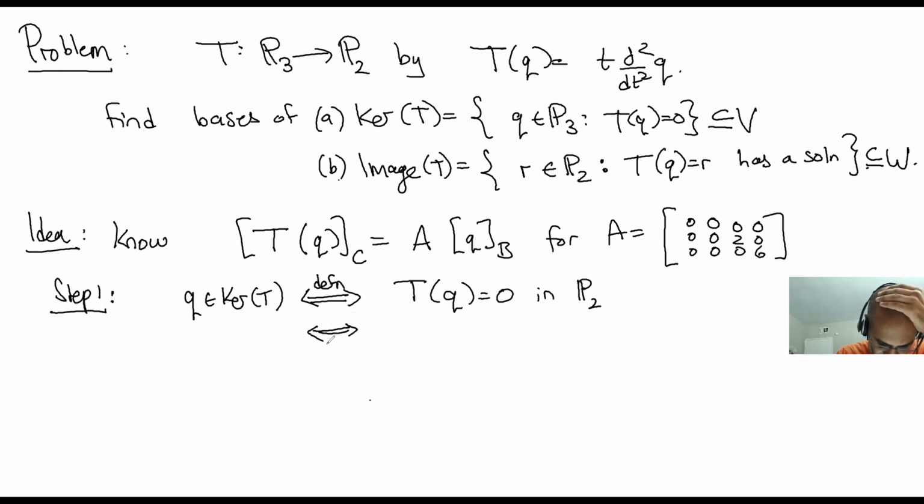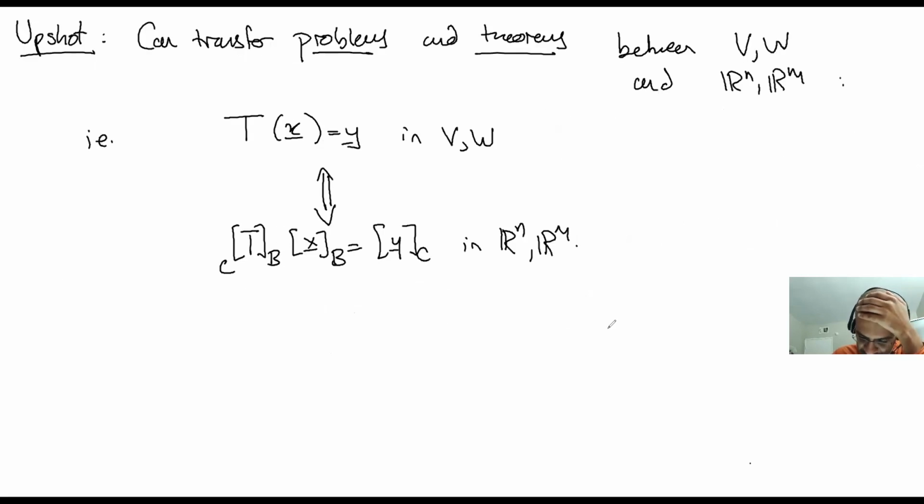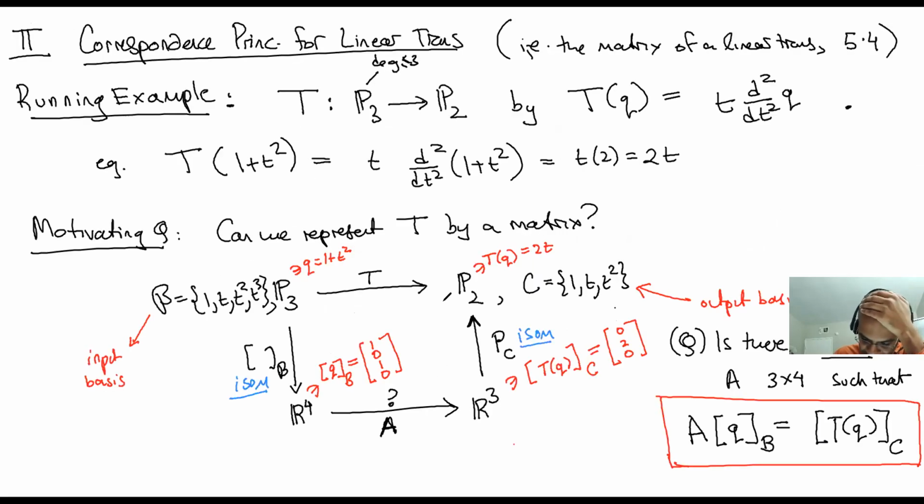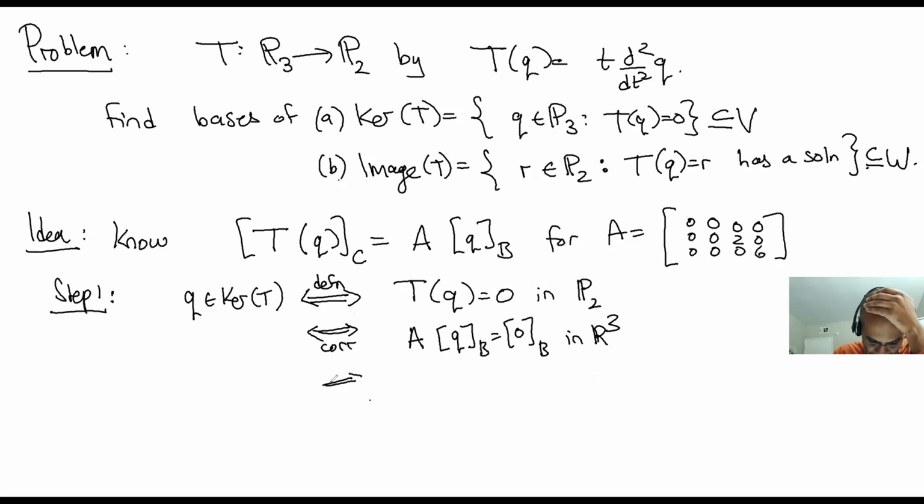But now by the correspondence principle, that's just an equation about a linear transformation and some vectors. So this is the same thing as A times the coordinate vector of Q is equal to the coordinate vector of 0 in R3. That's what this says. Statements about linear transformations are exactly translated when you go upstairs and downstairs with these isomorphisms. So then this is the same as what, in terms of concepts before the midterm?